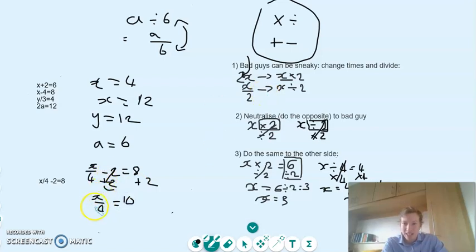Remember, let's translate this x over 4 into x divided by 4, so we can see the bad guy a bit easier. X divided by 4 is 10. And then do the opposite of divide by 4, times by 4. That neutralizes. And then do the same on the other side, step 3. X is 10 times 4, which is 40. And that's your final answer. That's it. Well done.